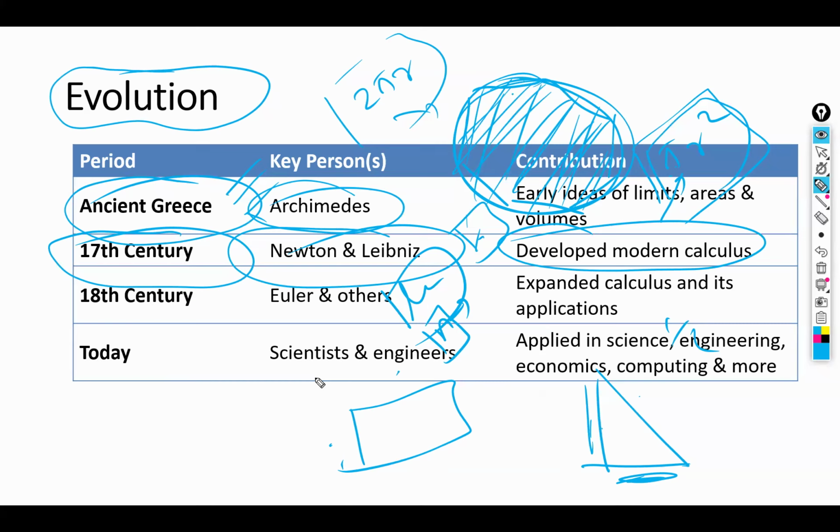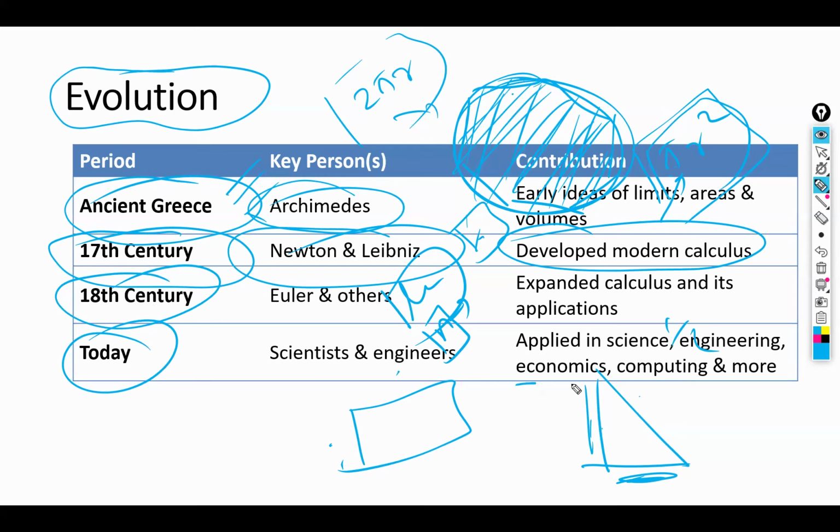Later mathematicians like Euler further standardized this and built more and more advanced, useful concepts on top of the concept of differentiation and integration. Today we have a lot of usages in statistics, engineering, science, economics, everywhere.